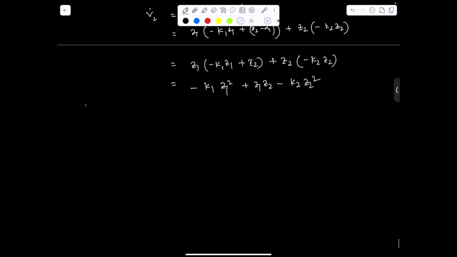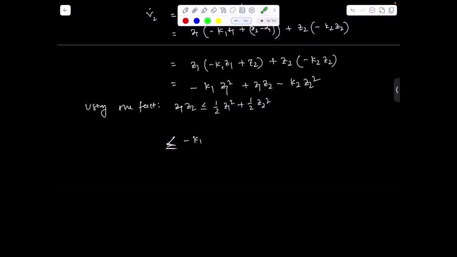But using the fact that Z1 Z2 is always less than or equal to half Z1 squared plus half Z2 squared, if we substitute this condition in the previous equation for V2 dot, we can write it as less than or equal to minus K1 Z1 square plus half Z1 square plus half Z2 square minus K2 Z2 square.